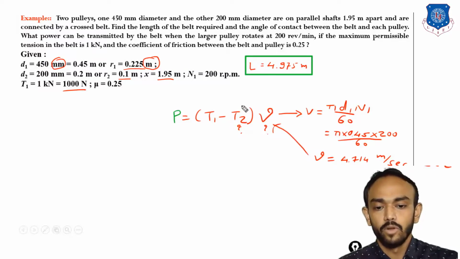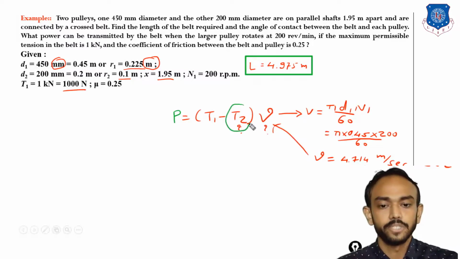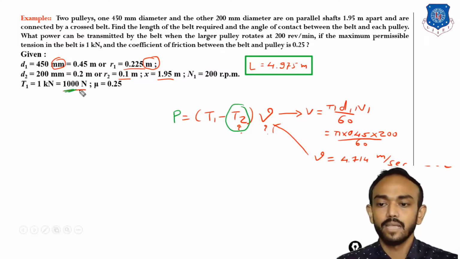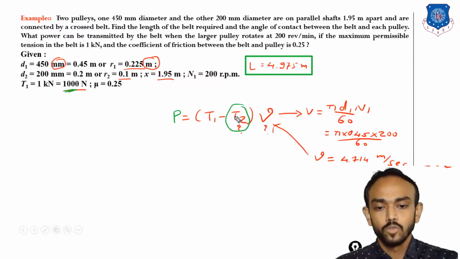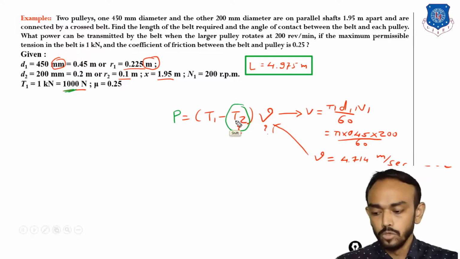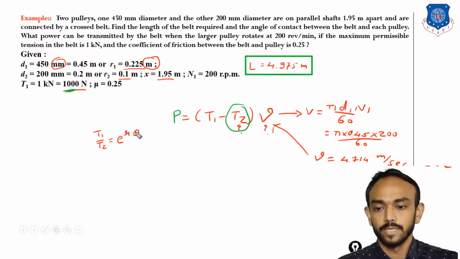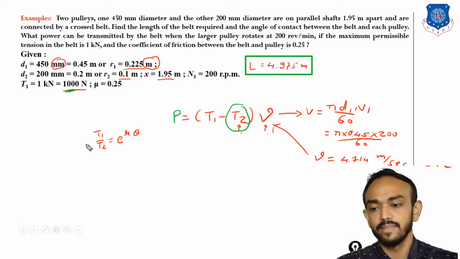Now we want to find the tension T2, the tension in the slack side, because the tight side, 1000, is already given. So how will we find this T2? For finding T2, you have the formula T1 upon T2 equals e raised to mu theta. Mu is given, T1 is known, but we need theta.